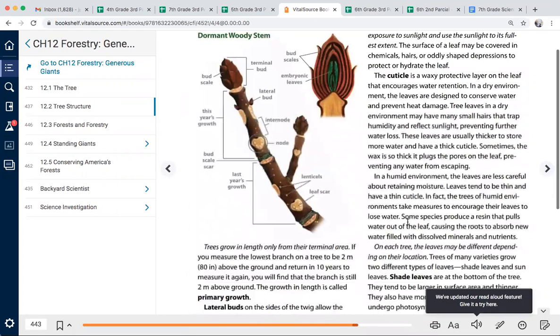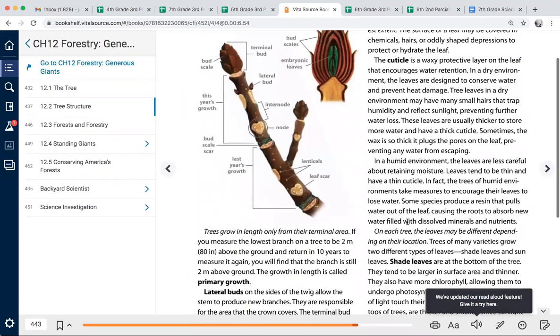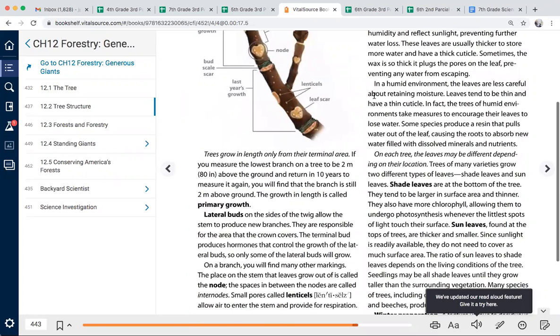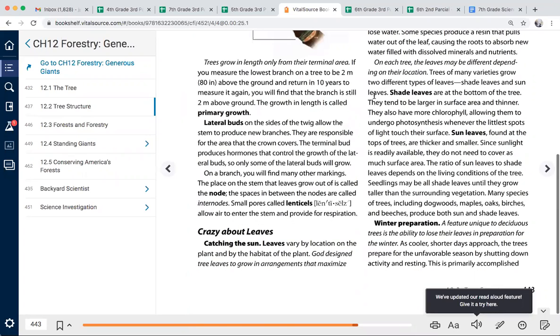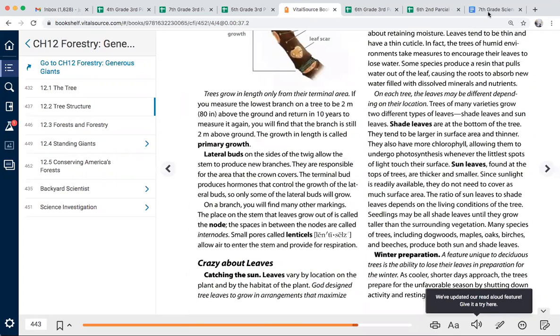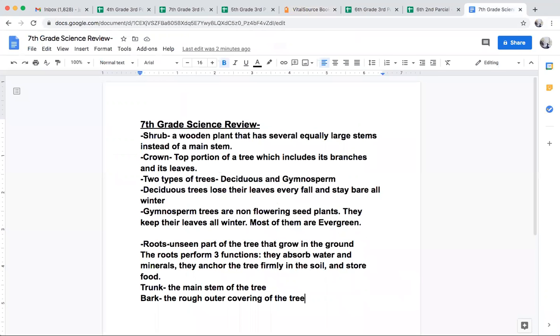After that, we have the branches, which are the smaller stems that grow from the trunk, all right?